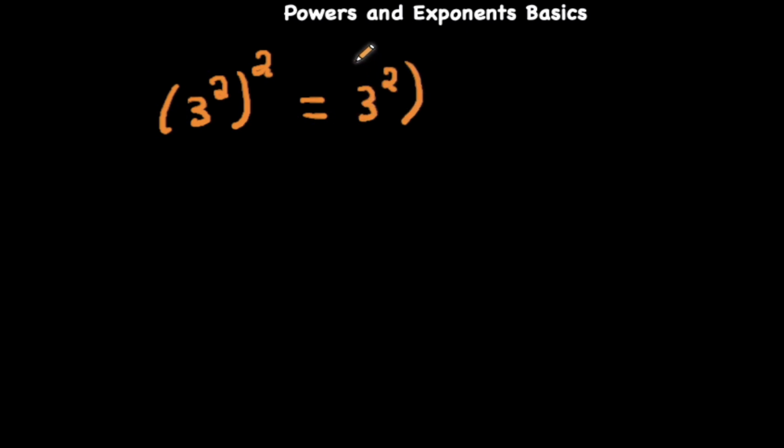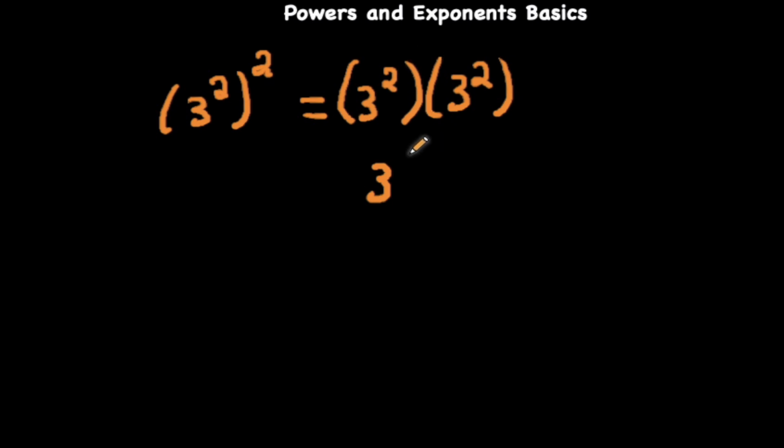So just a couple more examples. So let's say that you have 3 squared raised to the 2nd power. So what you're doing here is just taking 2 copies of 3 squared and multiplying. So we have 3 squared times 3 squared. So as you can see, we have bases that are both the same, 3.